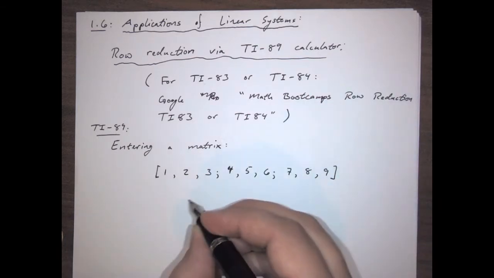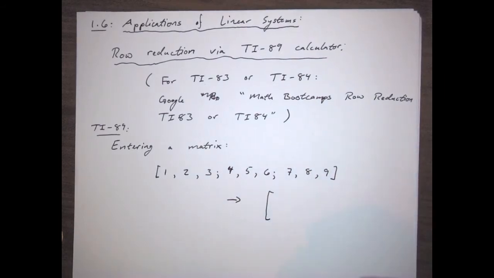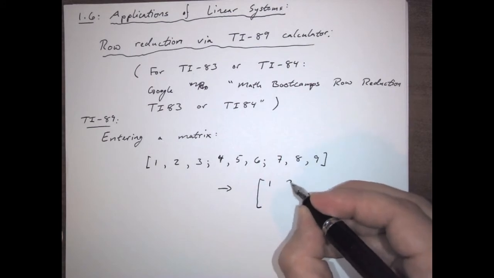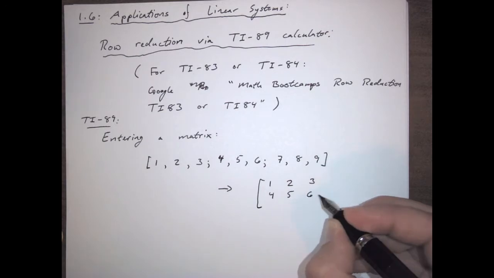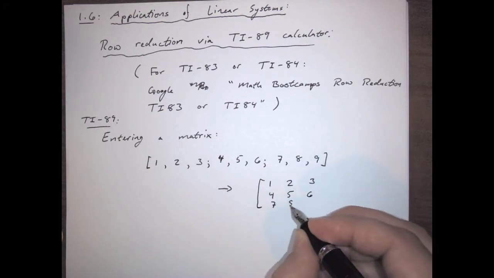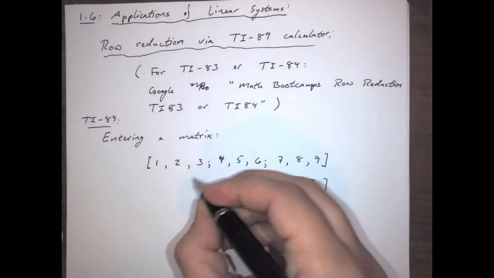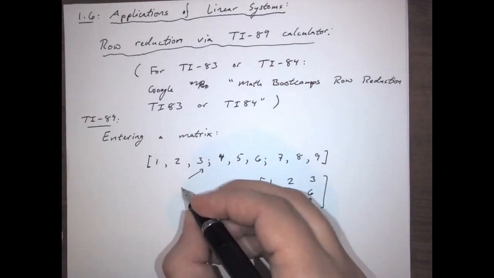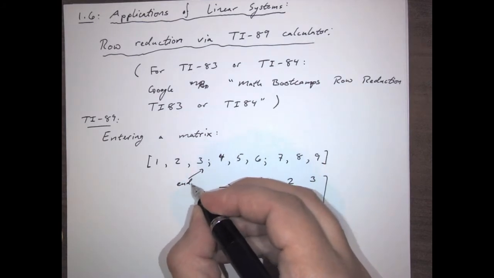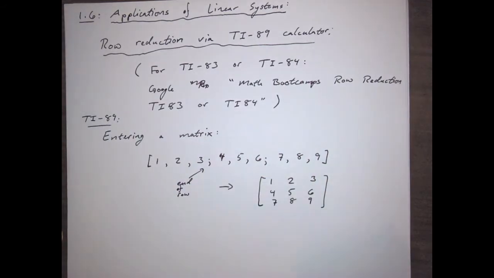This would produce the matrix that looks like this: 1, 2, 3 as its first row, 4, 5, 6 as its second row, 7, 8, and 9 as its third row. So you use commas to separate entries, and semicolons end the row. This is the easiest way to do it.